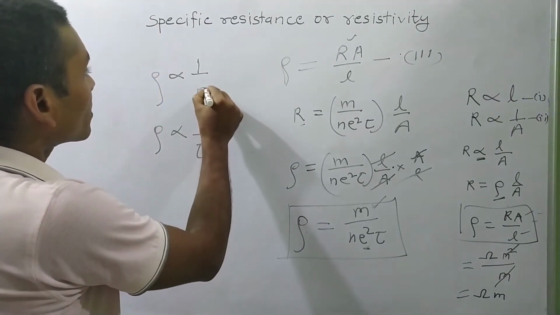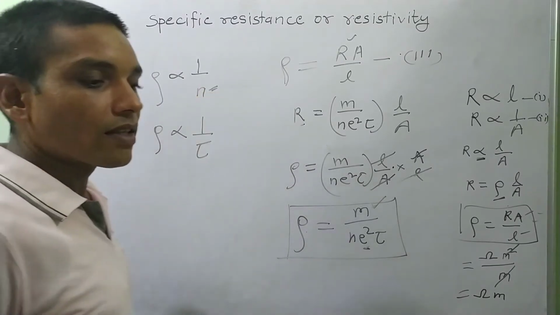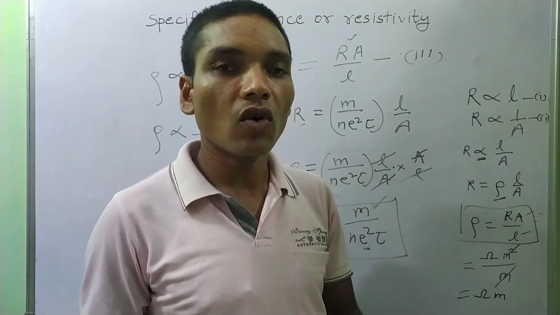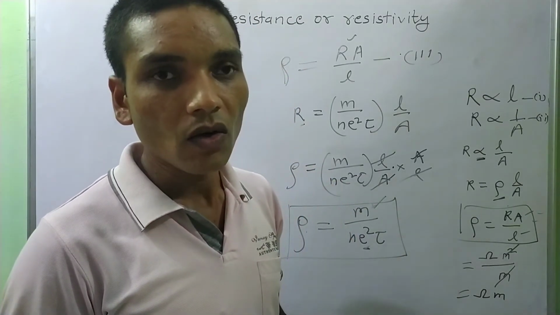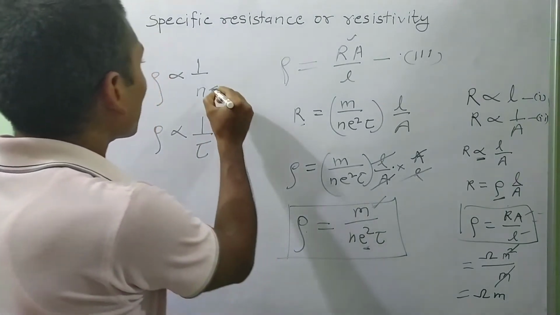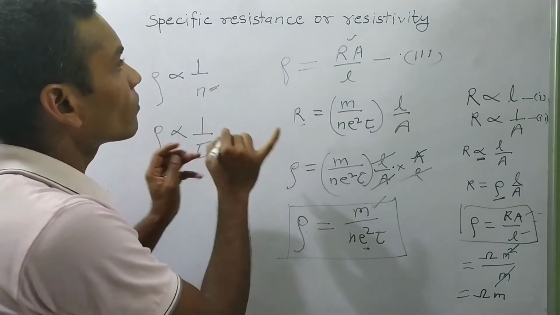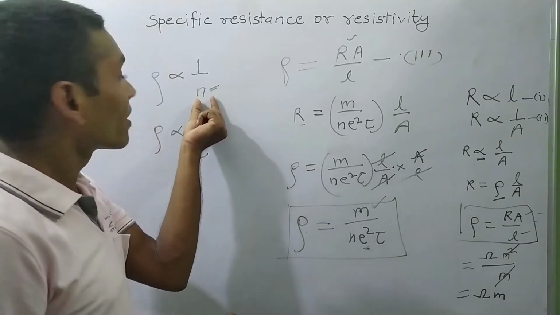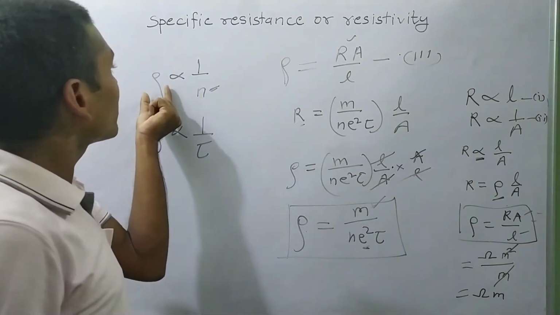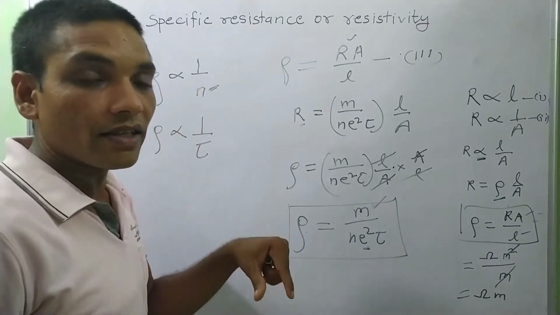You know this n is the number of free electrons per unit volume of the conductor. Now if the number of electrons per unit volume of the conductor increases, then the resistivity of the conductor will decrease.